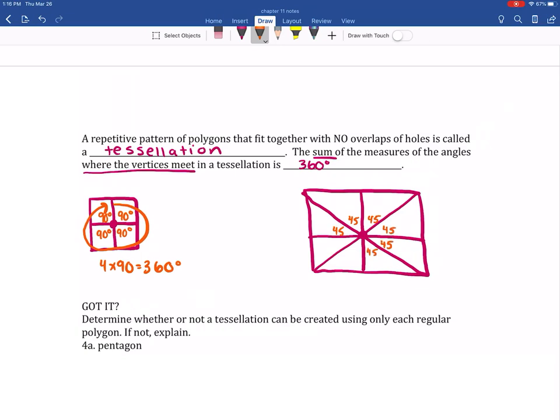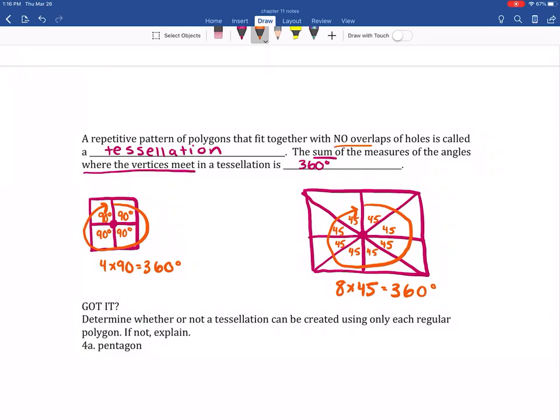All of the angles where they meet in the middle all the way around, well, there's 8 of them. 8 times 45 gives me 360 degrees. So these ones are going to ask you whether or not you can make a tessellation. So we're going to go through a couple different steps.